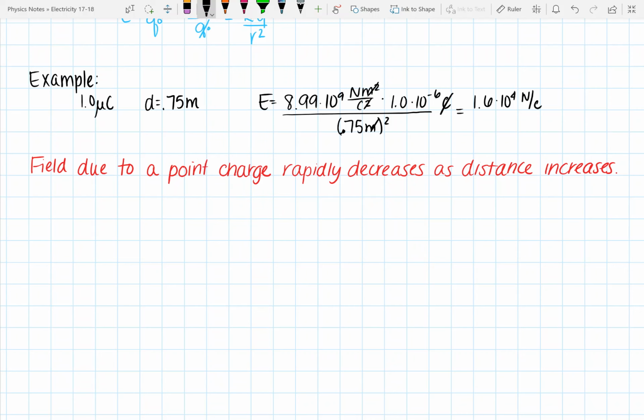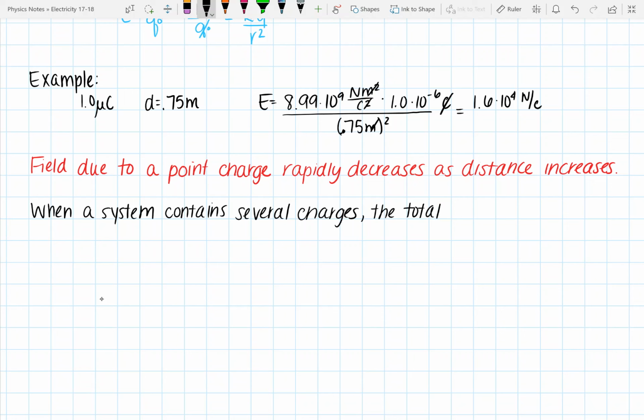So, when a system contains several charges, the total electric field is found by superposition.